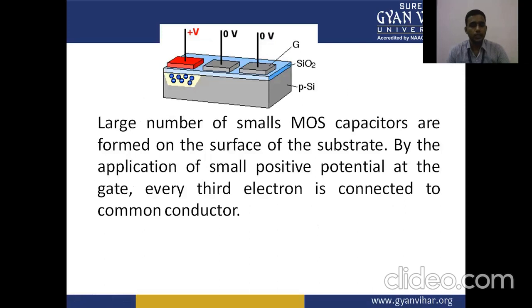A large number of small metal oxide semiconductor capacitors are formed on the surface of the substrate. So a P-type silicon substrate is used, and oxidation on top of the substrate forms the silicon oxide, and by the application of a small positive potential at the gate, every third electrode is connected to a common conductor.